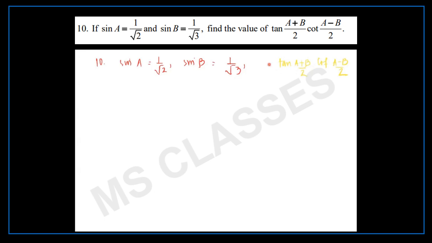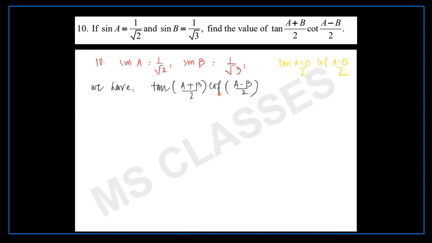So right now we have tan((A+B)/2) into cot((A-B)/2). Now, since it is given in terms of sine and cos, we will also convert this in terms of sine and cos.